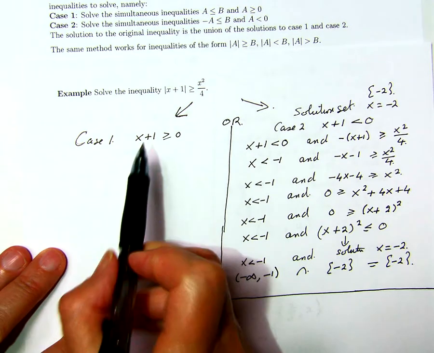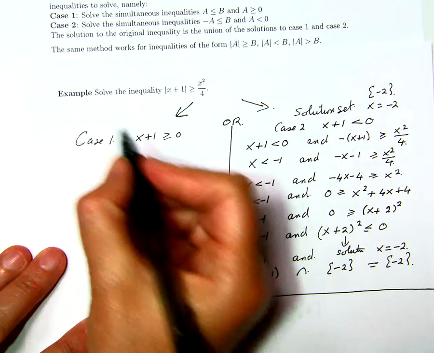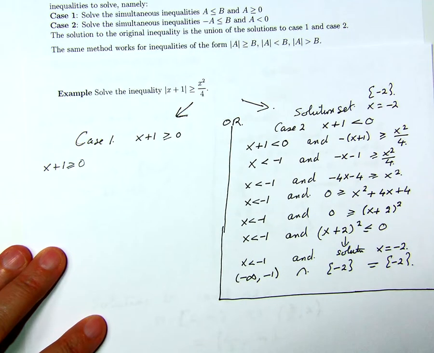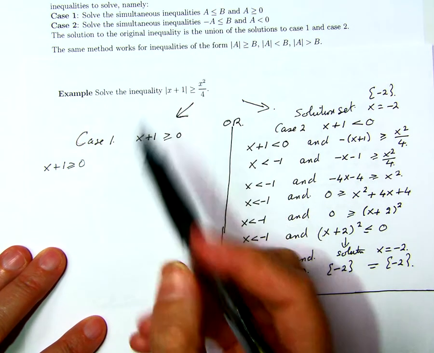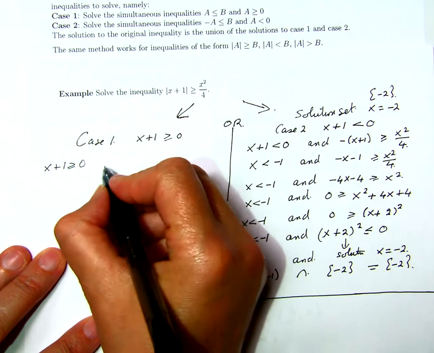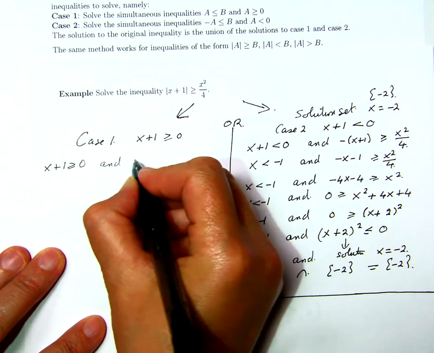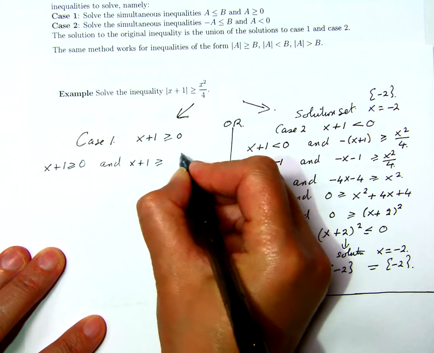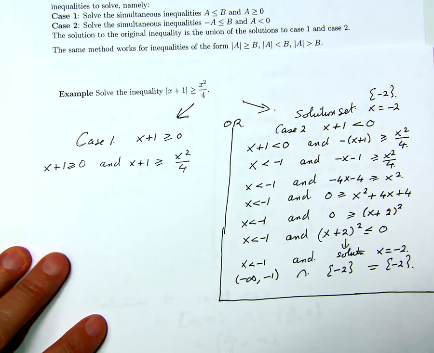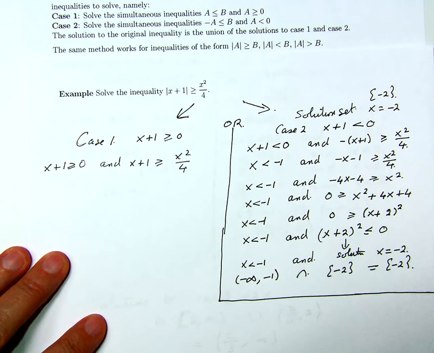So here we will have, again, two conditions. We have x plus 1 greater than or equal to 0, and now our original inequality gives us x plus 1 greater than or equal to x squared over 4, because the absolute value of x plus 1 in this case is just x plus 1.